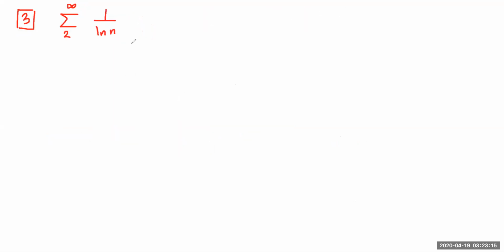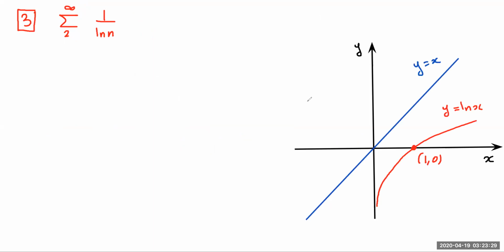The next exercise here, sigma 1 over ln n. So here, if we sketch the function ln x and the function y equals x, from the sketching we can remark that the function y equals x is up and the function ln x is down.